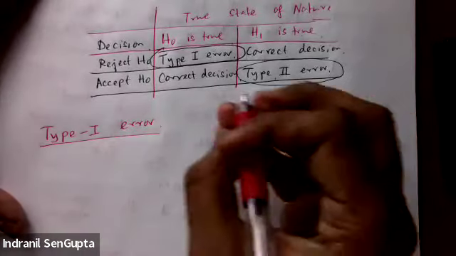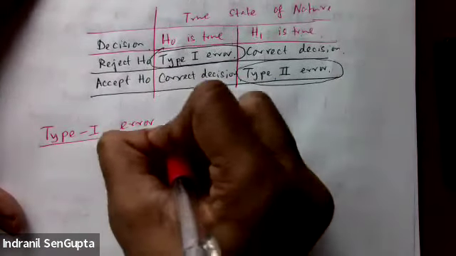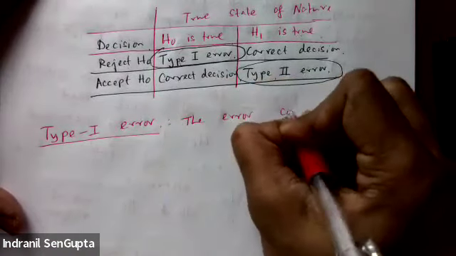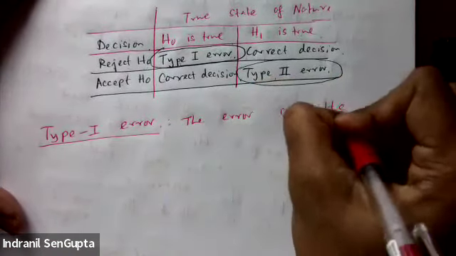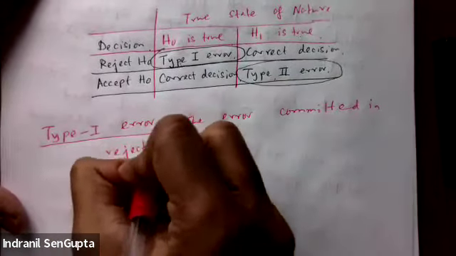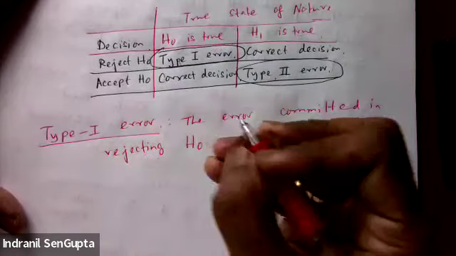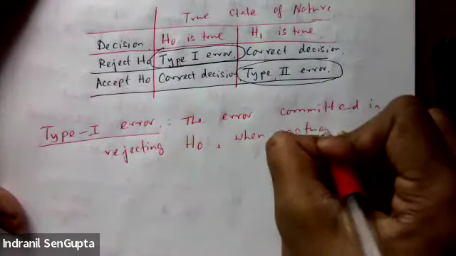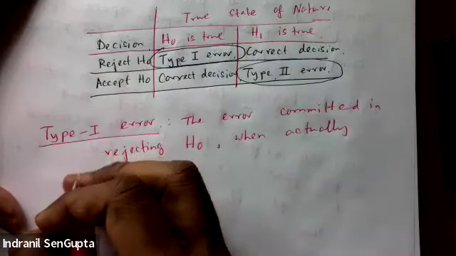Type 1 error is the error committed in rejecting H0, which is the null hypothesis, when actually it is true.